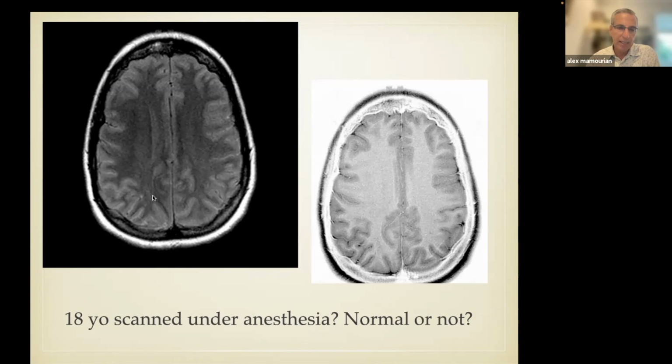So here it looks like I have obliteration of the normal signal in the sulci. But I might ask myself, well, maybe there's no fluid space there. Maybe the sulci are effaced because of the volume of the brain. So what this is, is a reversed T2 weighted scan. I'm sure these days, at least in this country, and I imagine in Armenia, you're all reading off PACS monitors. So there should be an option on your PACS to reverse the contrast on the image.